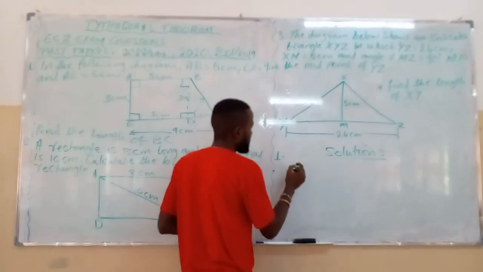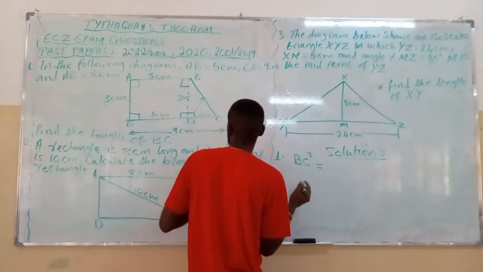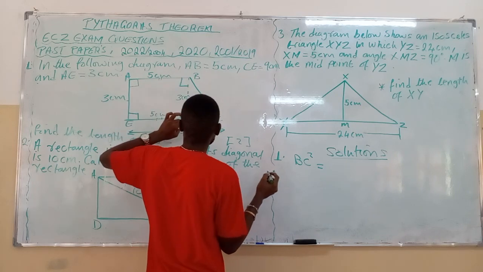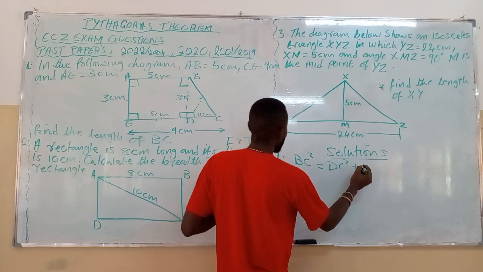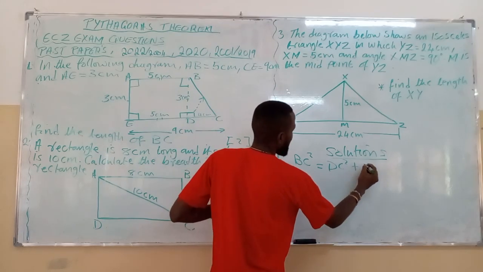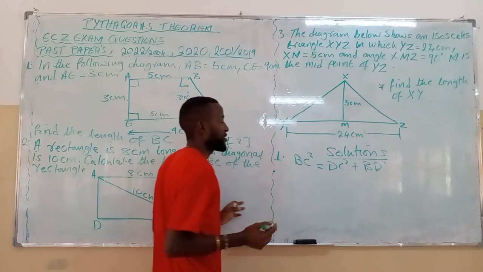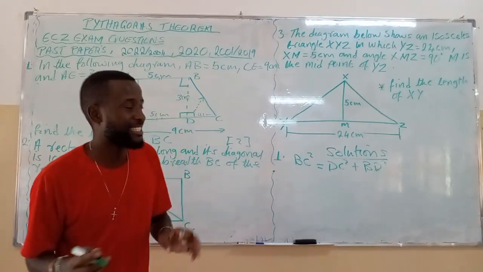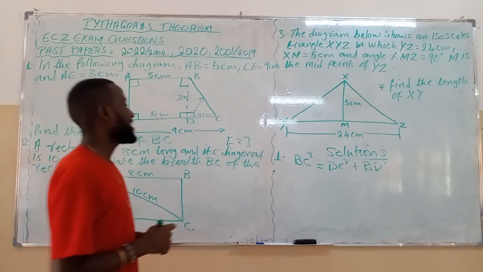So I'm going to say now, BC squared is equal to DC squared plus BD squared. That is the formula, the Pythagoras theorem. So now I just have to replace.